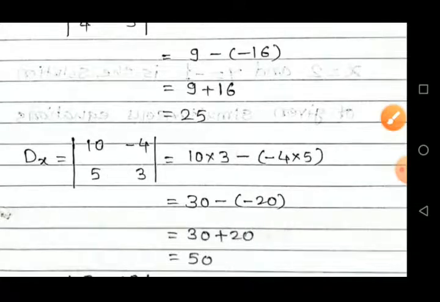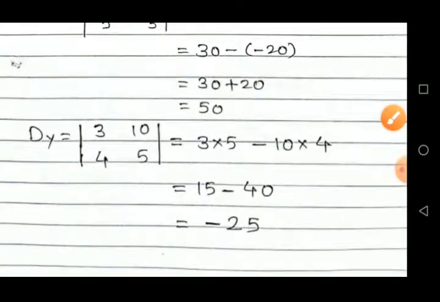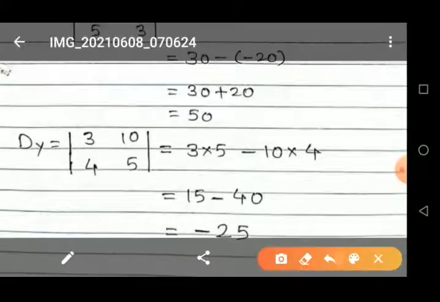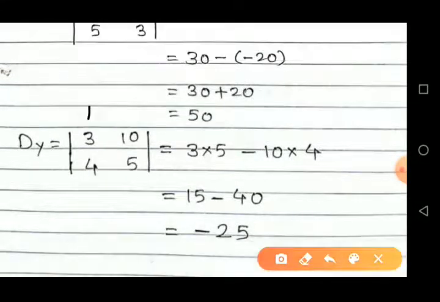Then next determinant dy. Dy is equal to, I have suggested the number for dy, 13. 1 means the column of values A1, A2, and 3 means C1, C2.